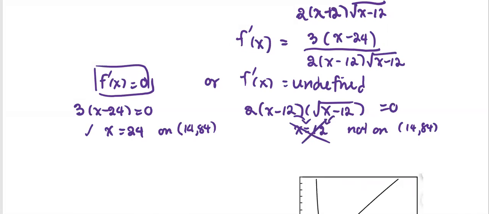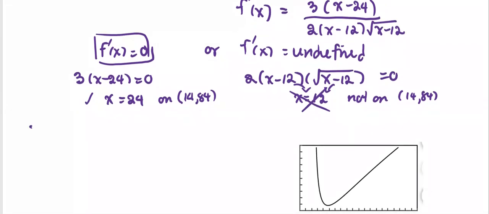Okay. After you get the critical number, step number 2 of the process to find the absolute max and absolute min, you find the function value at that critical number, and find the function value at the two ends, which is at 14 and at 84. How to find the function value? Based on the function provided.